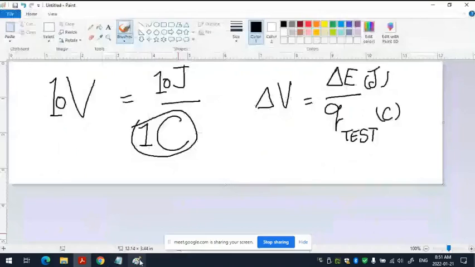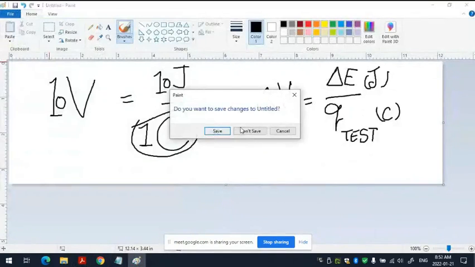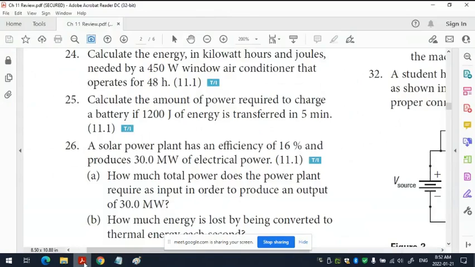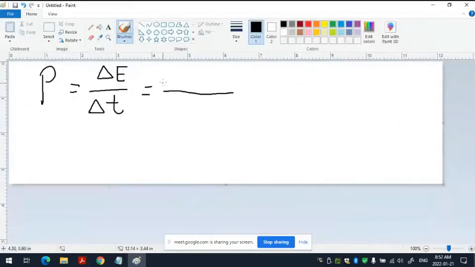So the equation is P equals what? How much energy are we talking about? 1200. How much time?